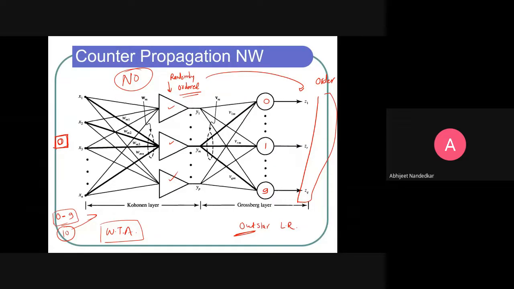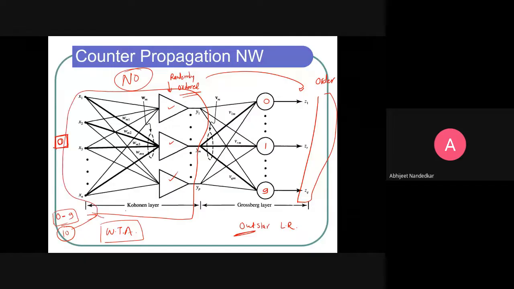So what we do, we have a WTA layer which is trained as we have discussed in the last class. Then we completely finish off the training here for WTA, and then we take a second rule, that is the Outstar learning rule, to make the things in order.